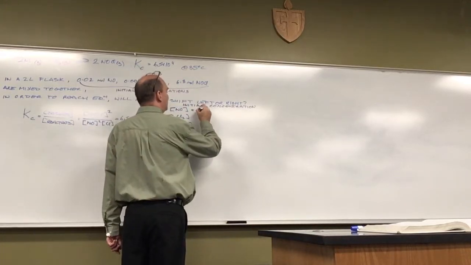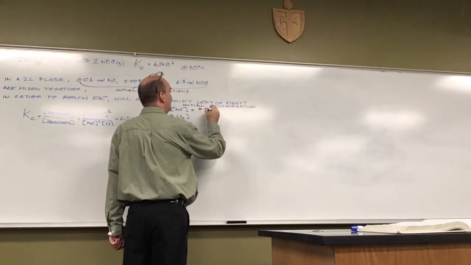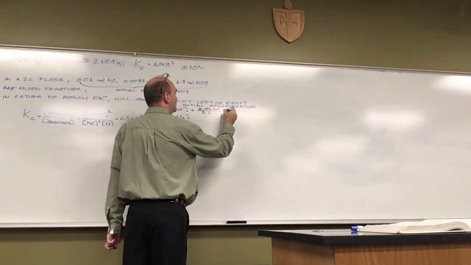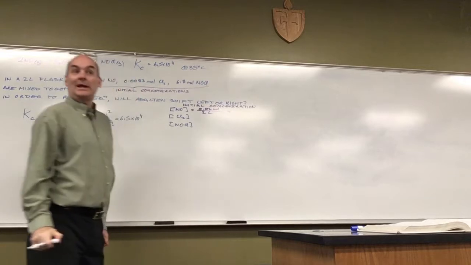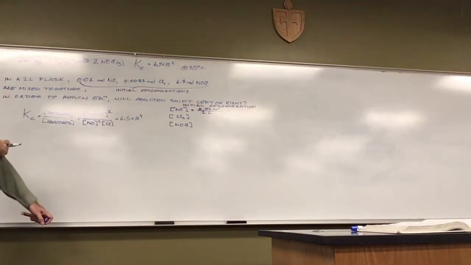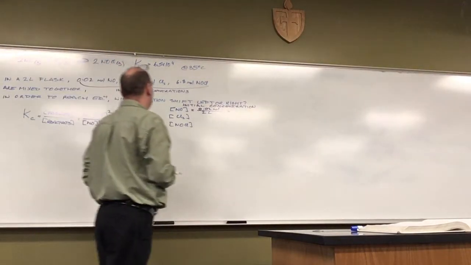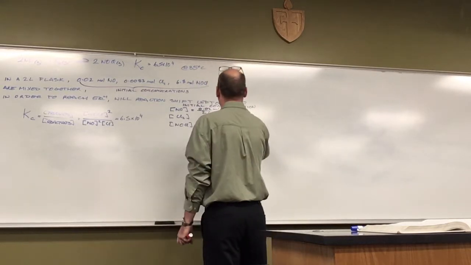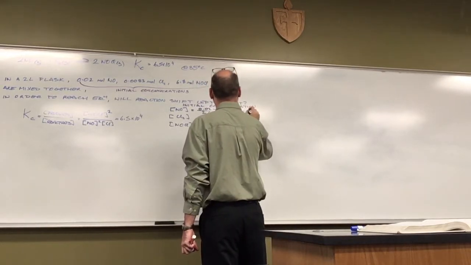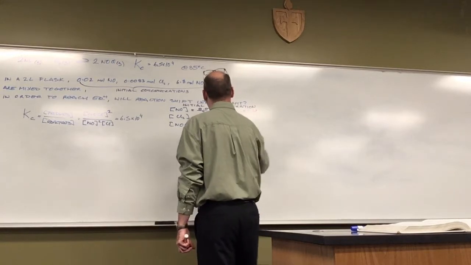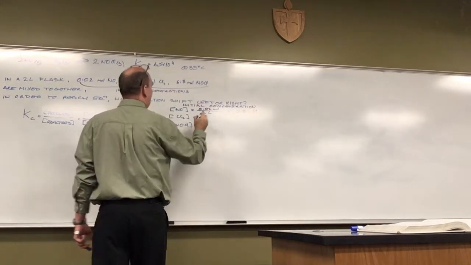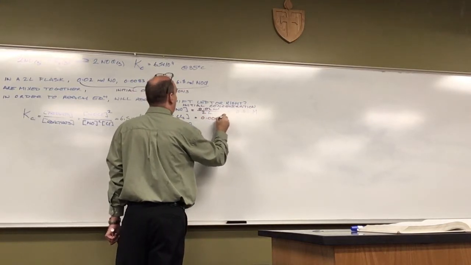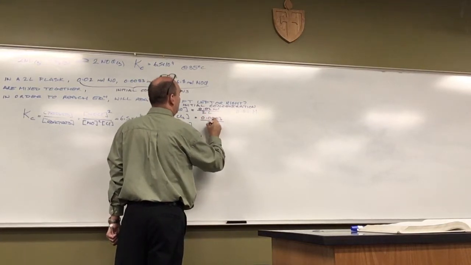So this is now 0.02 moles divided by 2 liters. Oh, that's a different number. That's not the number straight out of the question. Moles per liter. And the same thing for the Cl.